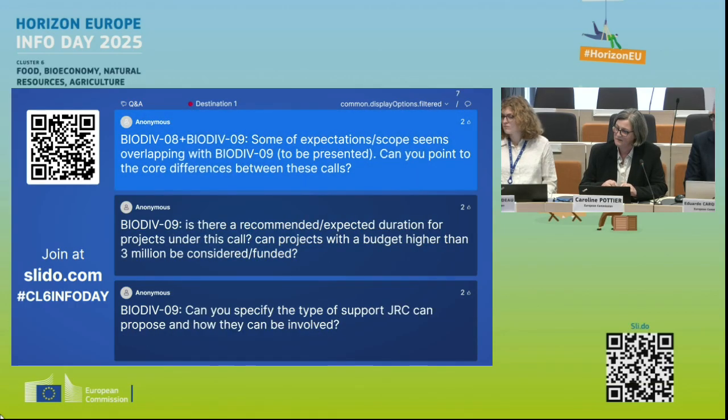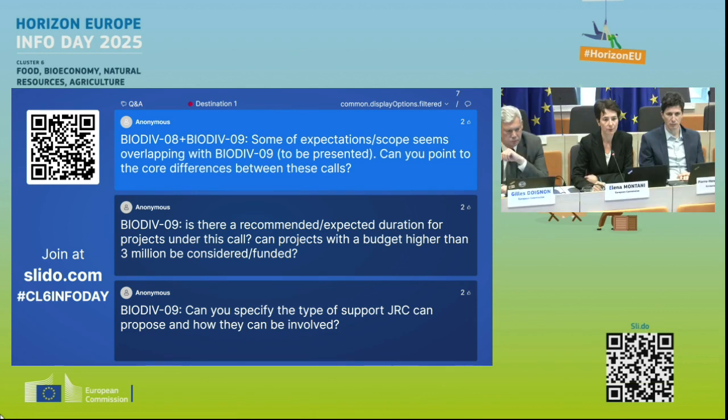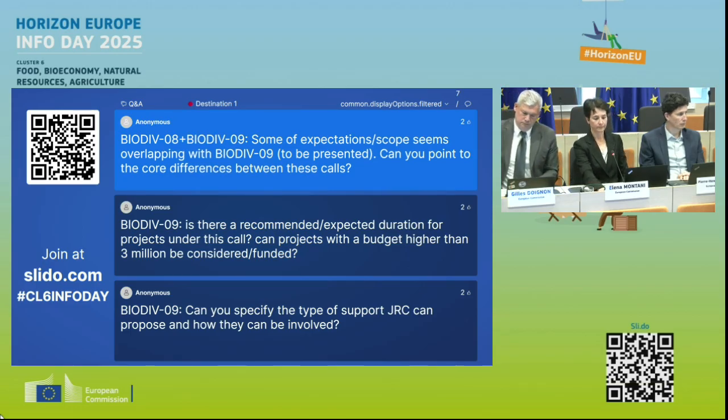Many thanks, very clear. Now this question is what we postponed from the questions on topic 8. Some of the expectation scope between topic 8 and 9 seem overlapping. Can you point to the core differences between these goals? I can start.